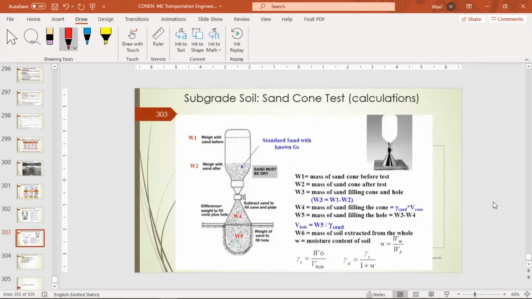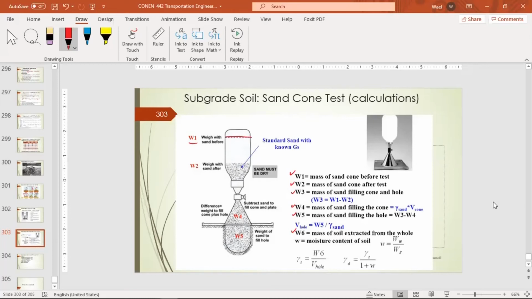And these are the different weights that we need to calculate in order to have this test done. Basically, we fill this white jar with the sand. This sand is calibrated, and we know the density of this sand, the free, uncompacted density. And we have weight W1, where it is filled like this.